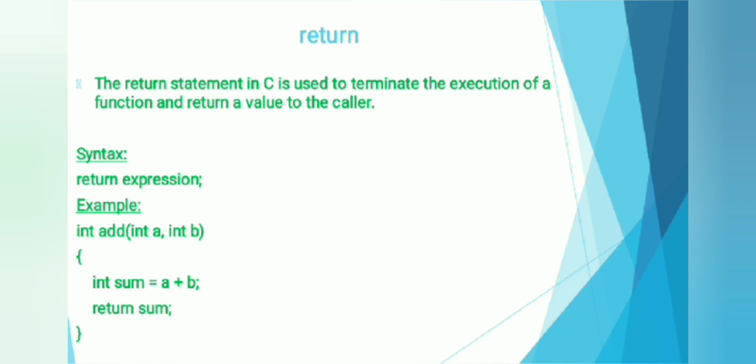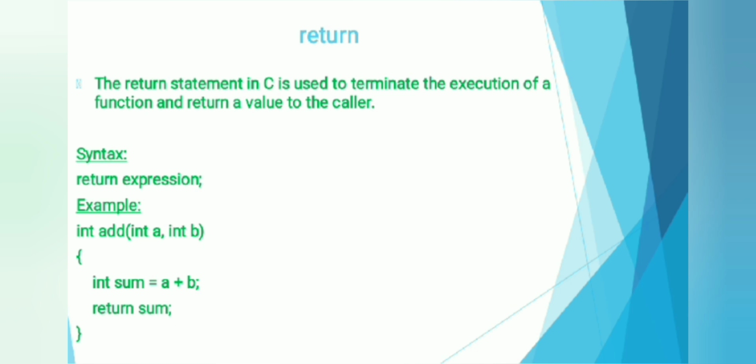So this is your syntax: return, after that the value, and at the end a semicolon. So this is your example. Here I have used one function. add is a function, and within it we have two parameters a and b. Both variables are of integer data type. Within this I am just adding the two parameters, and the value is stored in a variable. Finally we return the sum by using the return statement.